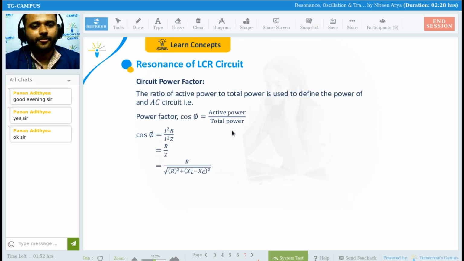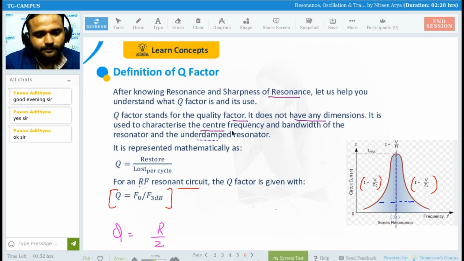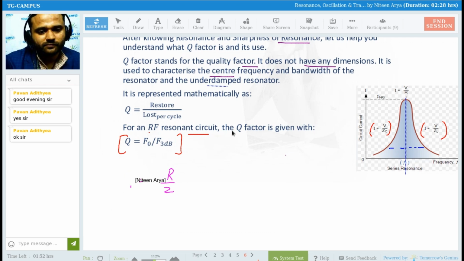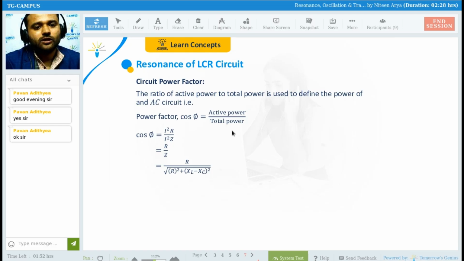Moving ahead. This is the circuit power factor. Okay, this is power factor, not quality factor. The ratio of active power to total power is used to define the power factor of an AC circuit.